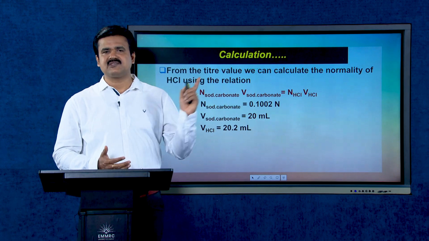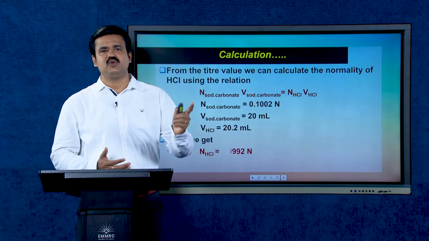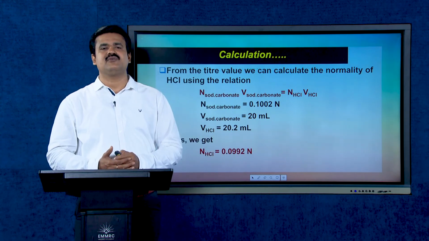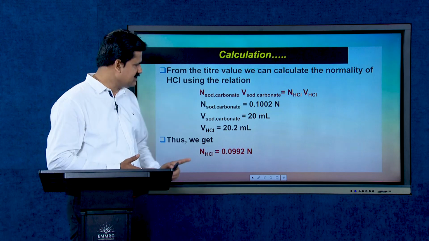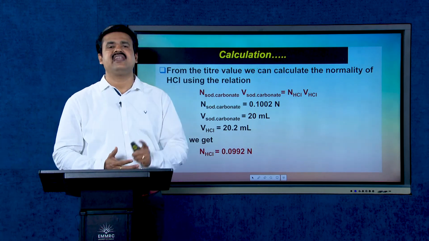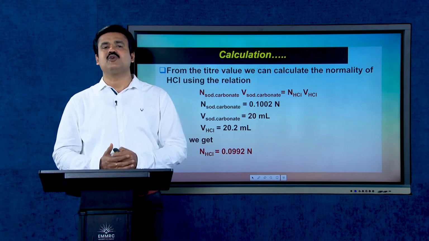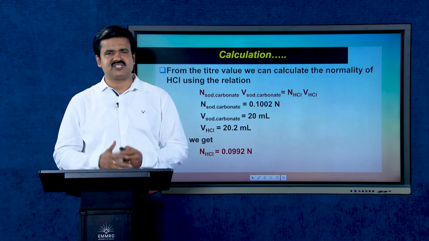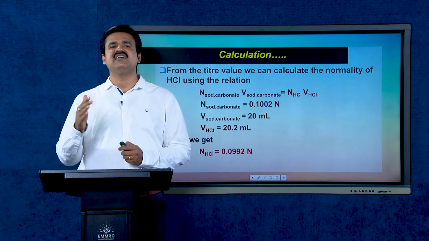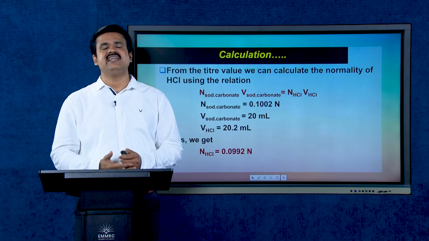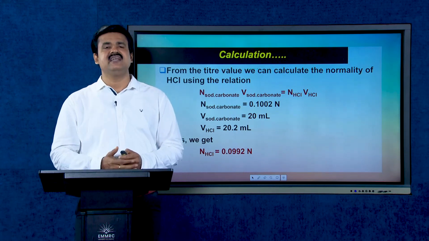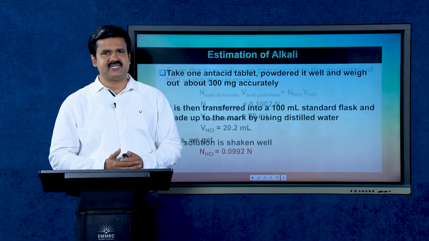On substitution in the above equation, you will get the normality of the given HCl solution as 0.0992 normal. Thus, by this part, we have standardized the given HCl solution by using a standard solution of sodium carbonate.